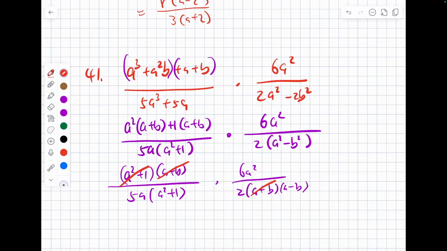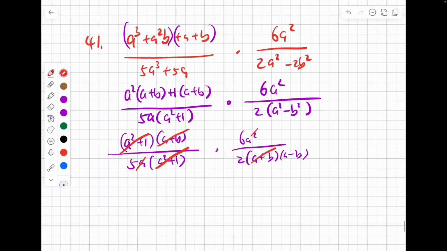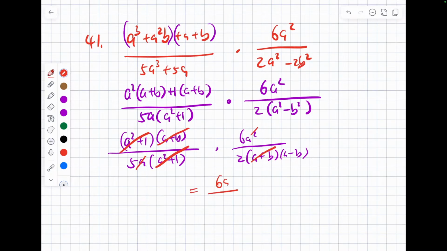I see a cancel out with this A. So on the top, I'm left with the 6A. On the bottom, I have 10 times A minus B. Hopefully I have the right answer. Oh, 6 and 10 can simplify. Let's do 3 over 5. So that'd be 3A over 5 times A minus B.